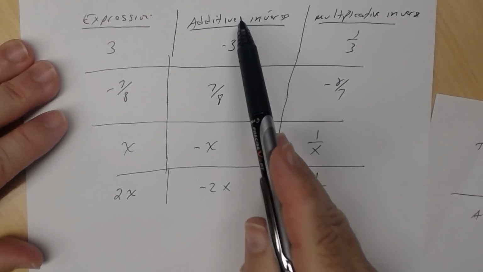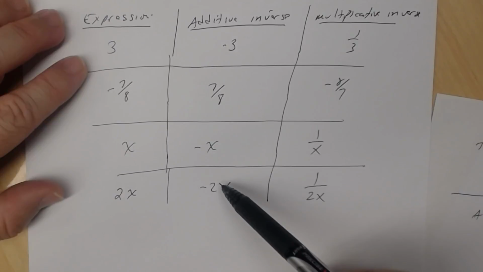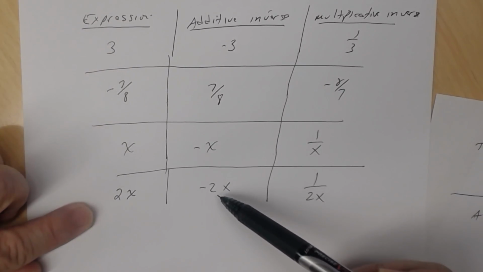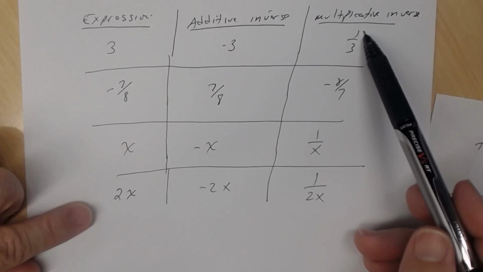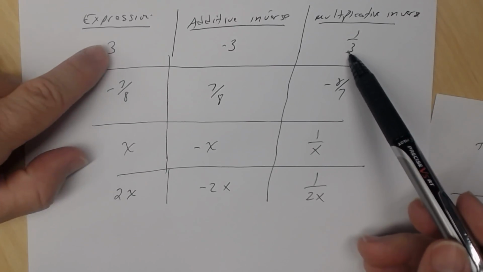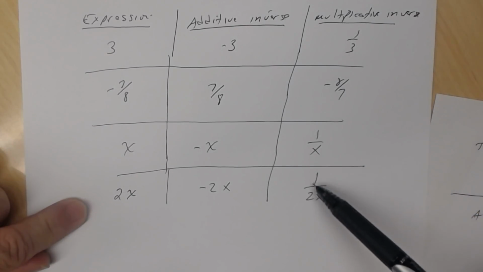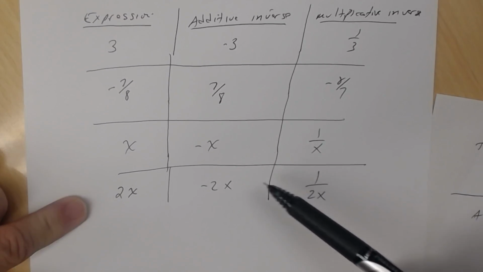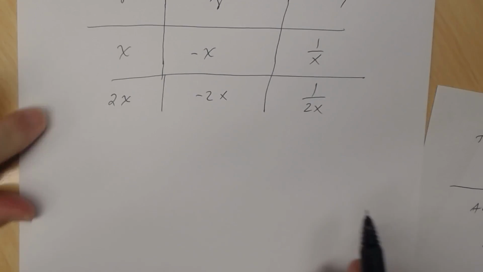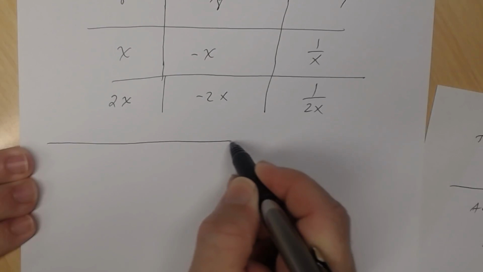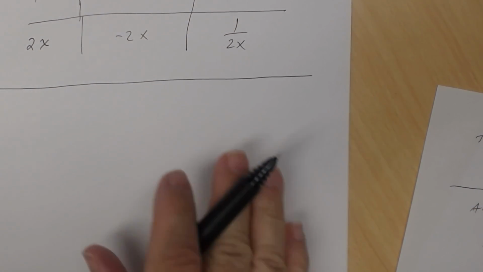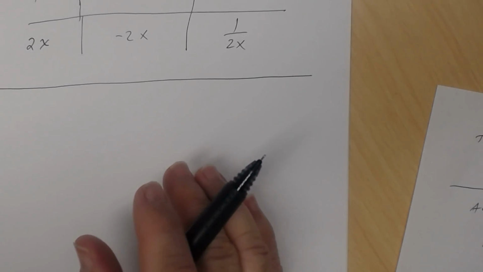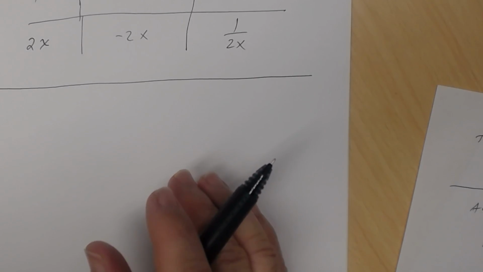Okay? All right, so that's the idea of additive inverse and multiplicative inverse. Additive inverse, another word, is opposite. So notice all of these right here are opposites of these. Multiplicative inverse, another word, is reciprocal. All of these are their reciprocals. Now, the other thing you have to be able to do is name the properties illustrated by each statement.